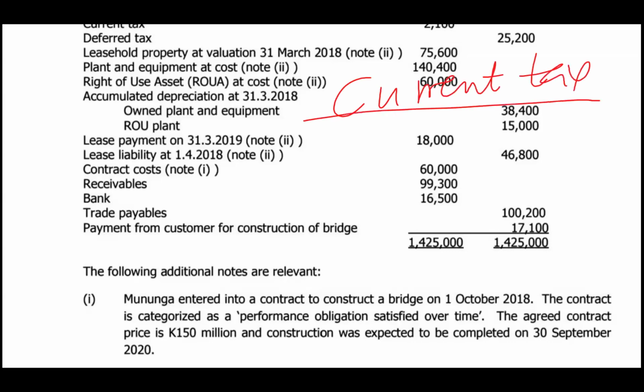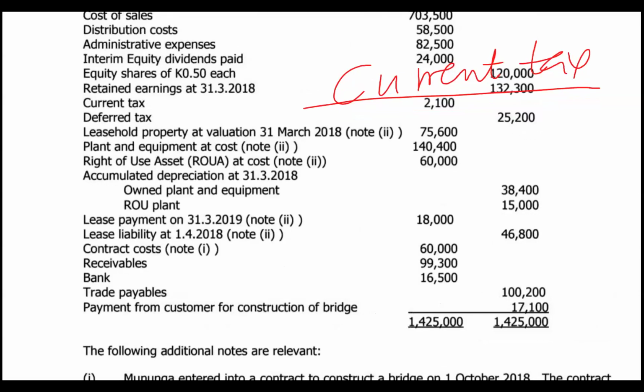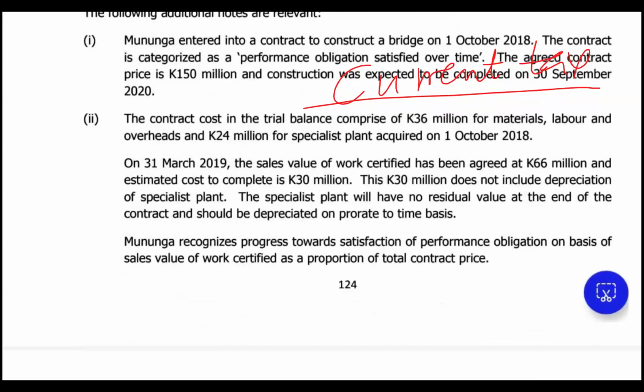Number one, you should get the provision for current tax that you have. The provision for current tax from the previous period is actually given. Let's read adjustment number 4 so that you understand properly.